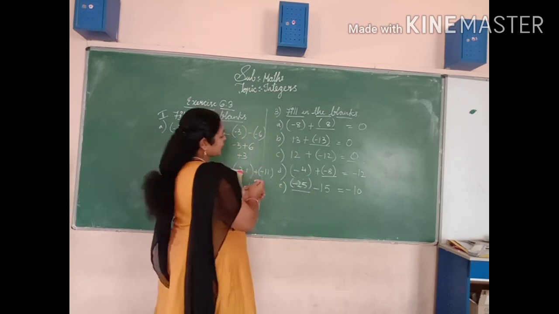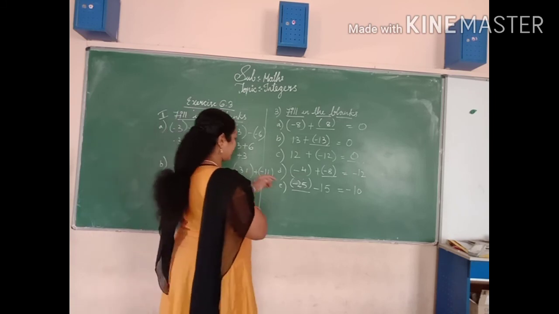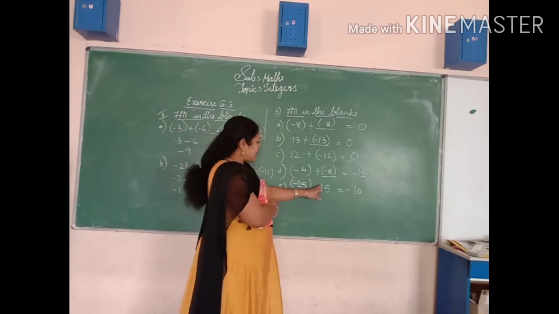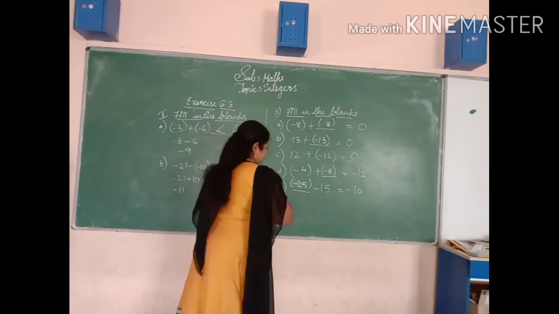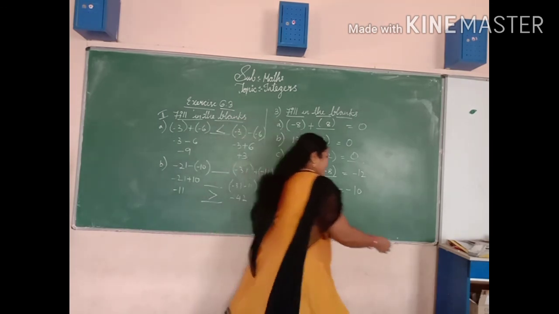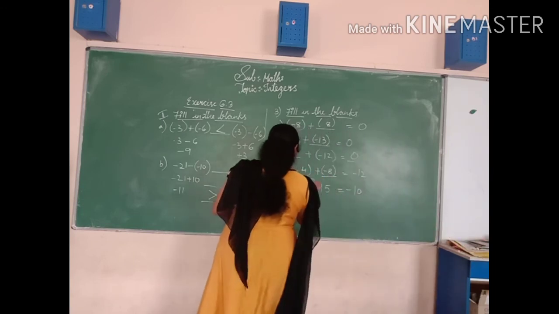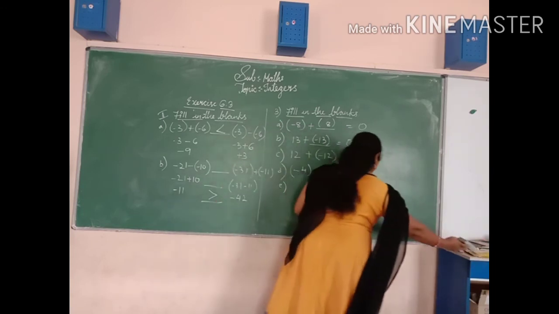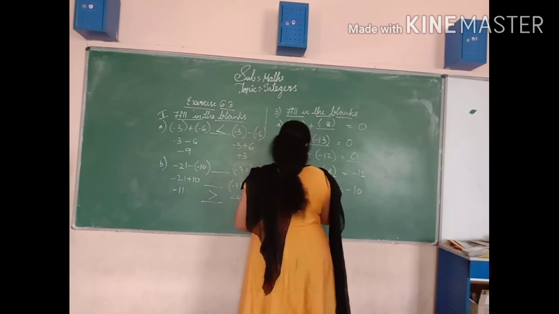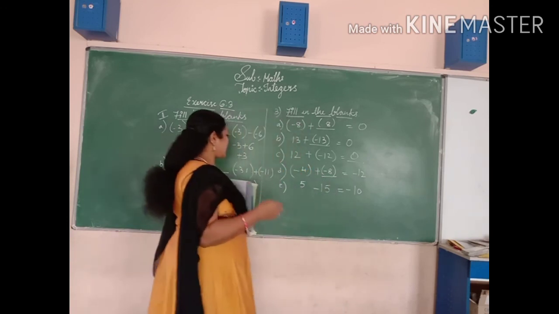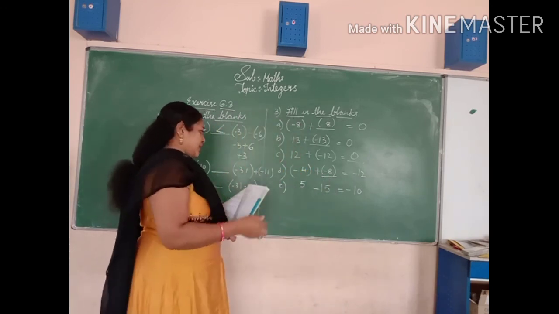Minus 25 also you can consider. Minus 25 plus minus, plus into minus is minus. No, you won't get this answer here. That's 5 only. Then you will get the correct answer.